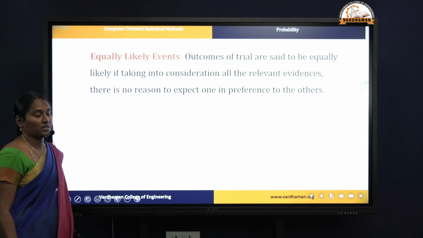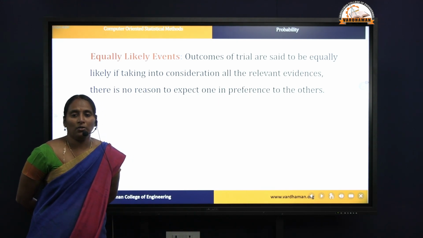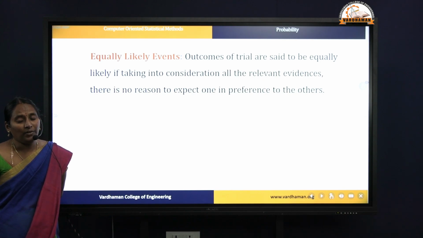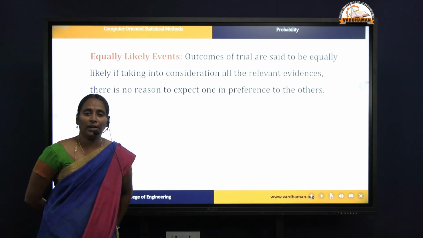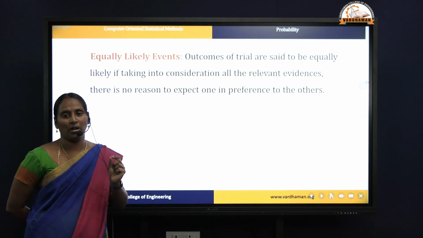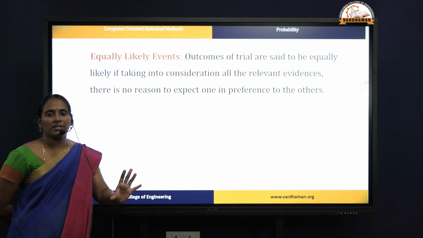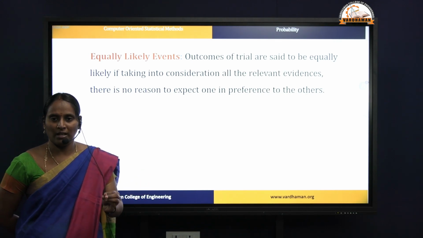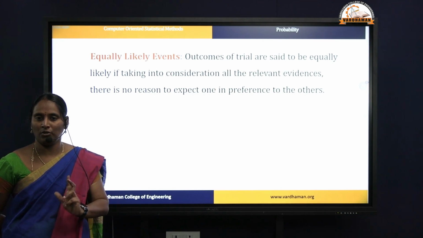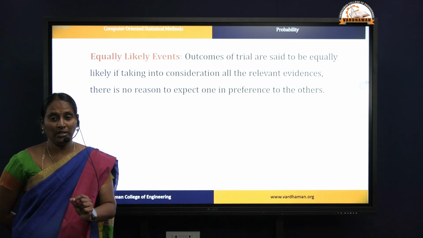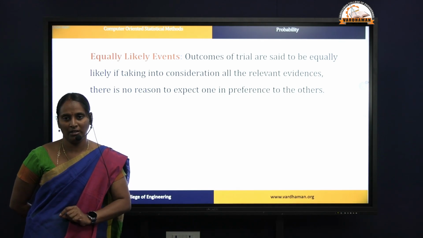Now let us go with the next definition, equally likely events. Events are said to be equally likely when each and every element has an equal chance to enter into the trial. Suppose I would like to give first rank in a class of 64 members without conducting an exam. Then each and every person has an equal chance to get first rank.